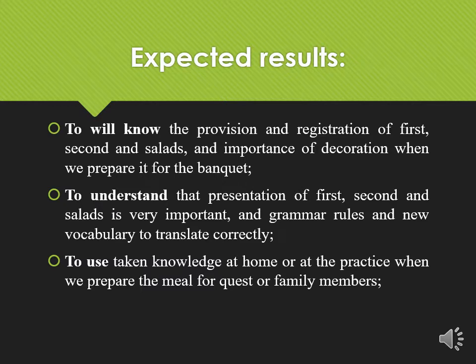To understand the presentation of first, second courses and salads is very important, and grammar rules and the new vocabulary to translate correctly. To use the knowledge at home or at the practice when we prepare the meal for the guests or family members.